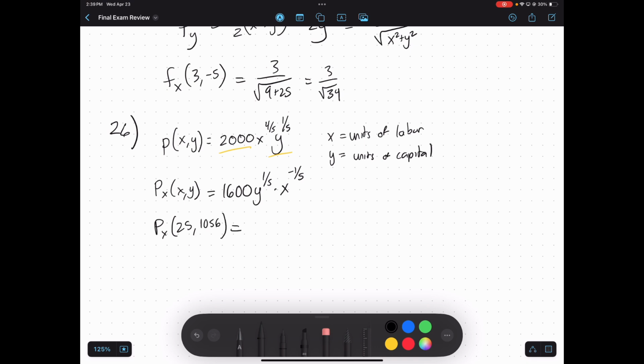Okay, and then it asks me for P sub x of 25 and 1056. So that just means I'm plugging that in for x and y. So I get 3,383. Now the reason I'm skipping ahead so fast is because I really want to talk about what does this mean? What does that actually mean?